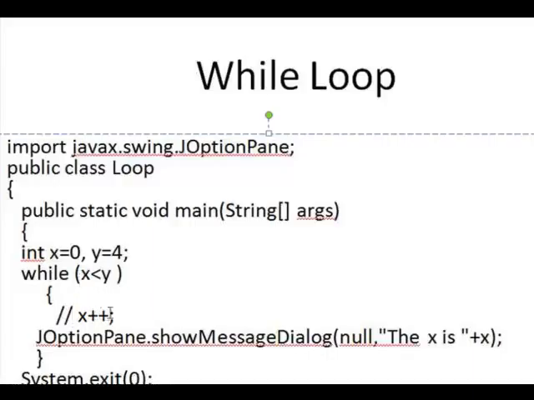This loop never increments the x, and it goes on forever. We call this an infinite loop. You have to be very careful not to get into an infinite loop. If you get an infinite loop, you have to terminate your program. It probably won't let you terminate it normally, so you have to abort your program by going to your control panel.